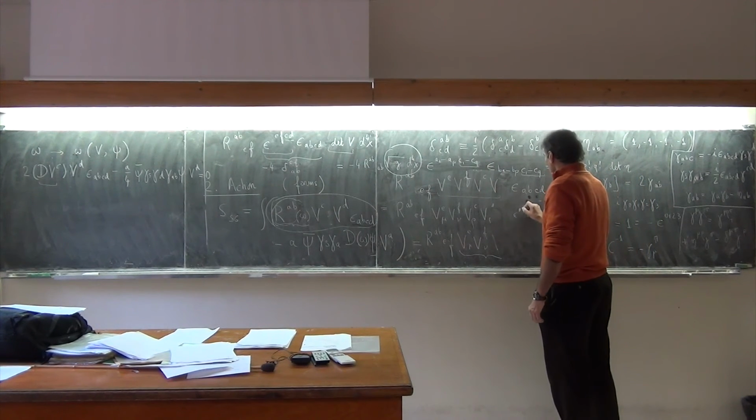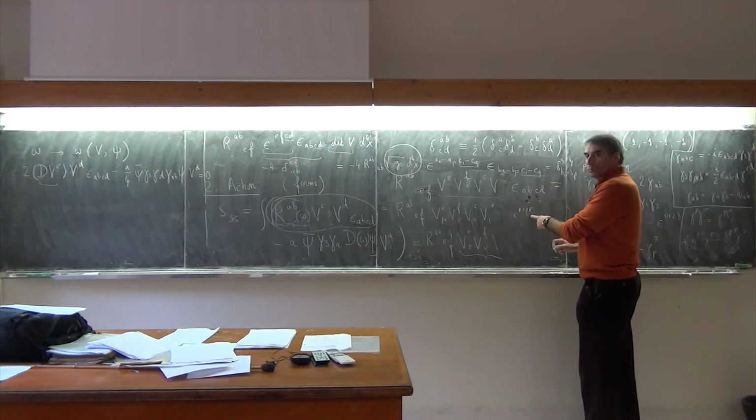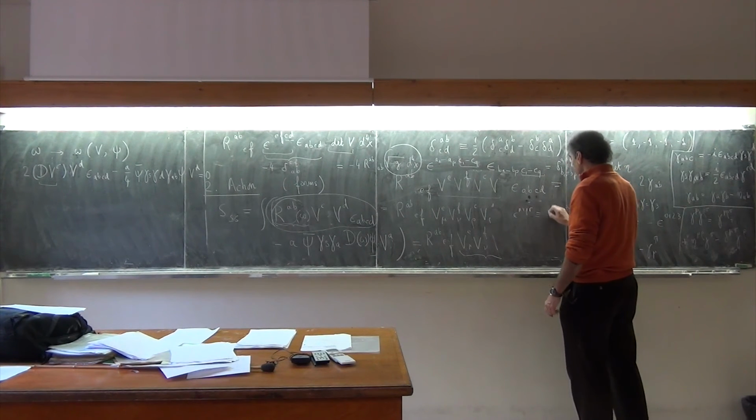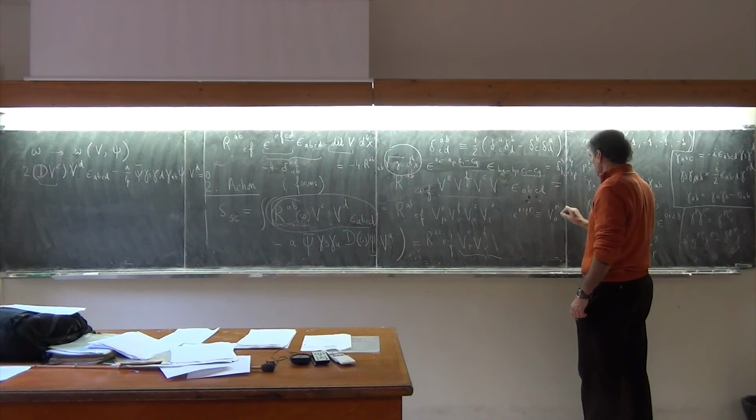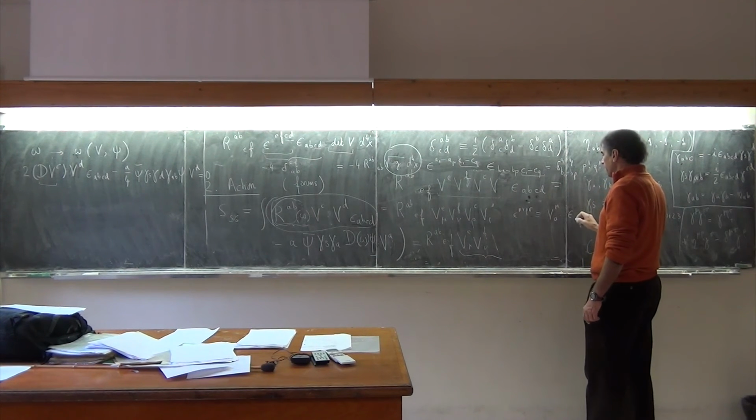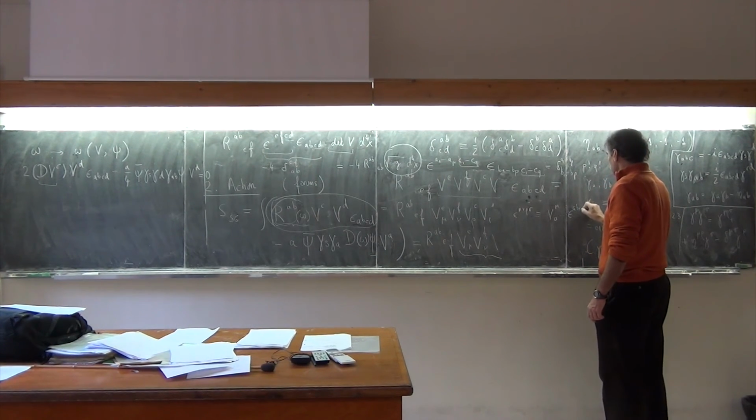The epsilon mu nu rho sigma, no. It is not the numerical 1 because it is really the V's that multiply the ABCD.